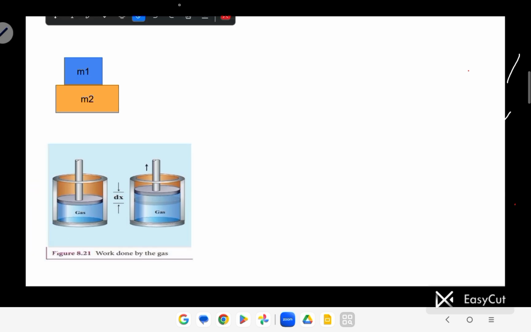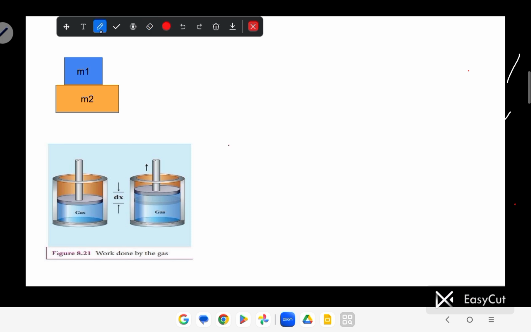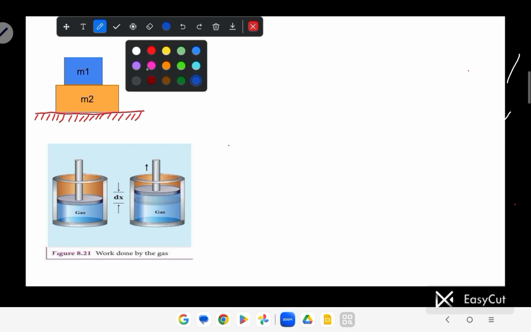If the object is kept in such a way that it's kept over a horizontal rough surface, so we will apply a force. Let's change different color. If I'll apply a force F over here, then what will happen?